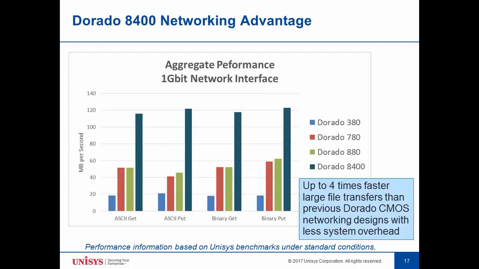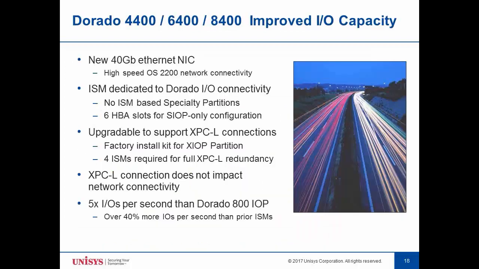And the Dorado 8400 then allows up to 4 times faster file transfer than on prior CMOS designs. And it has the added advantage that it takes less OS 2200 resources to get that significant file transfer advantage.